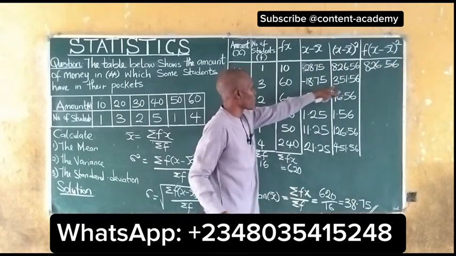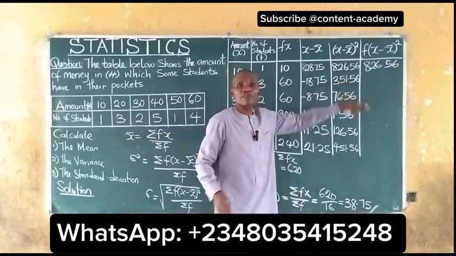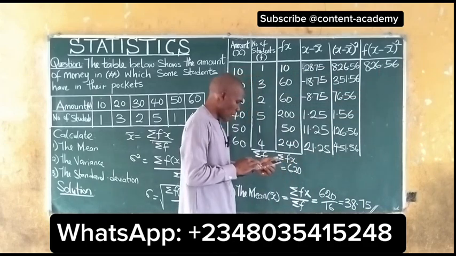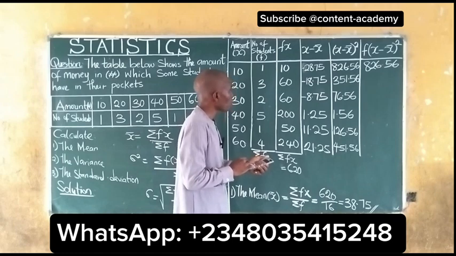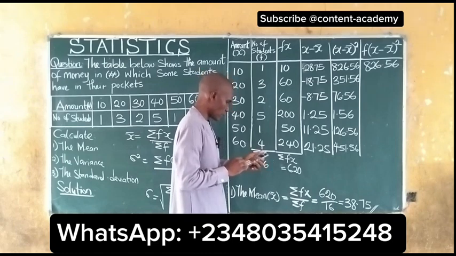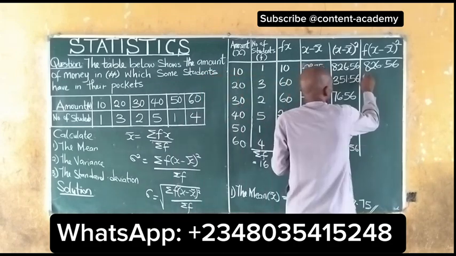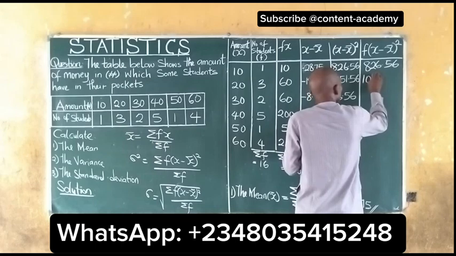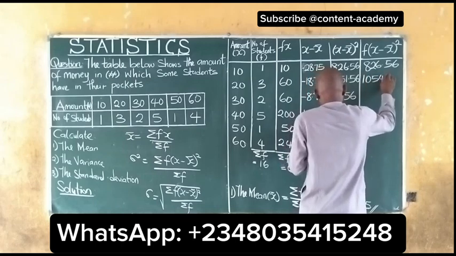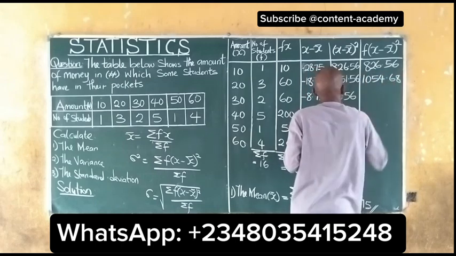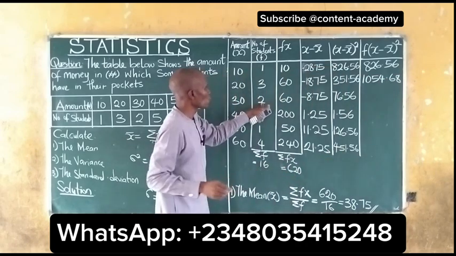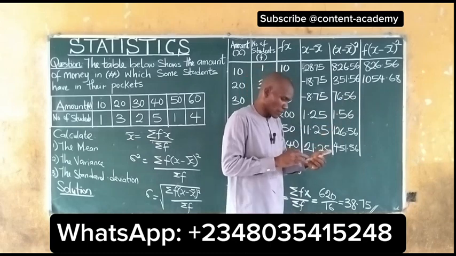Also 3 multiplied by 351.56, we have 1054.68. Now we have 2 multiplied by 76.56.